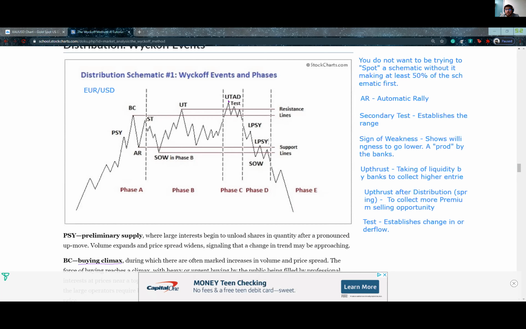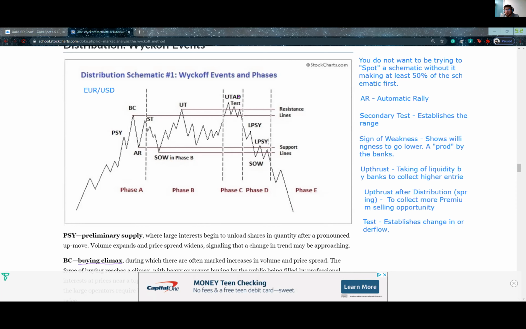Once you have this high, the test is going to drop, and then it's going to come back and retest the high. If the high is broken, then we obviously know that this is not distribution yet. So this has not even been established as distribution yet. This is exactly why I say that your entry should be around the LPSY rather than the test, because the test a lot of times is not reliable.